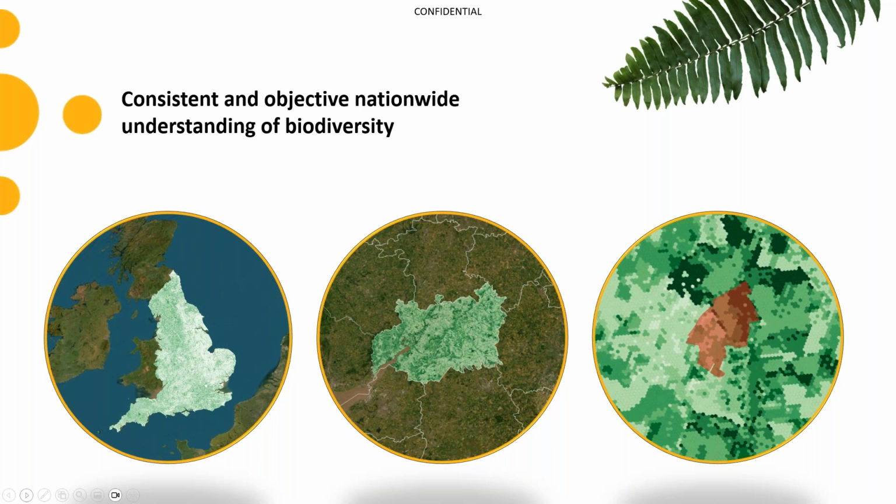Those are being worked on at the moment. This is allowing us to have this very consistent view of what's going on with biodiversity condition on a nationwide basis. What we see in the middle image there is one of the local nature recovery strategy areas. This is Gloucestershire, which is close to where I am. I'm based in Bristol.